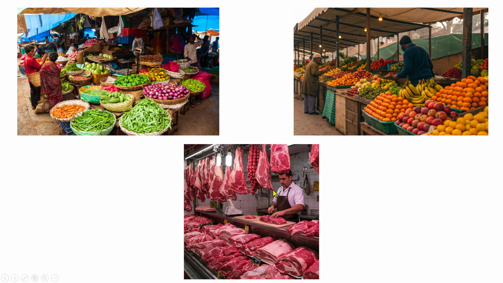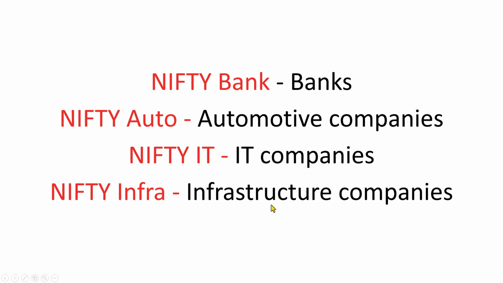If we are interested in meat and we want to know how the price of meat is moving day by day, then we track a different value. Correct? In the same way, we have different indices categorized according to sectors.